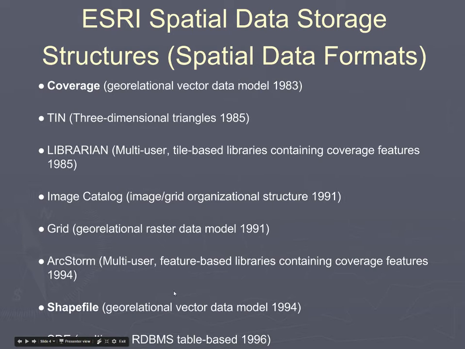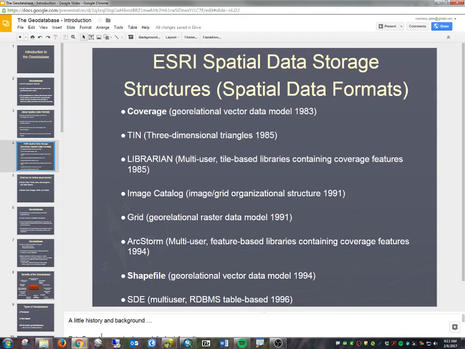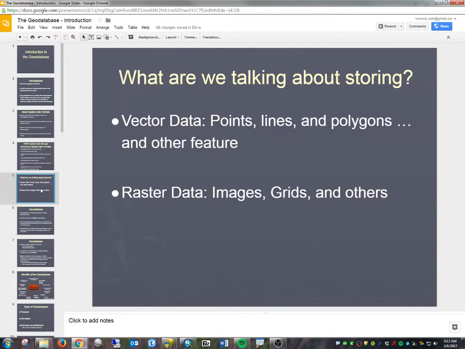ArcStorm was a second look at multi-user editing. Then they came out with the shapefile. And down at the bottom that you can't see there, it says Spatial Database Engine. So these are a little bit more detailed, and the Geodatabase came out down here at the end as well.